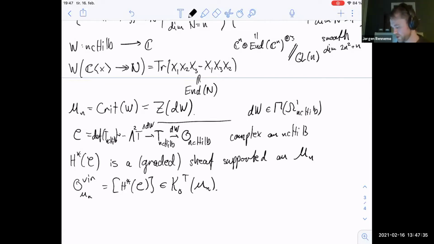So there's some sort of categorification, decategorification ladder here, where this thing C is what the universe gives you, and because we want to in the end compute something, we first take the cohomology to get something which lives on Mn, and then we further reduce that by taking the associated K-theory class.